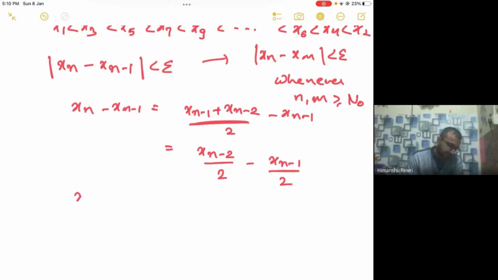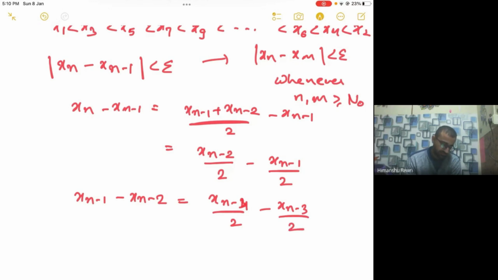Similarly, we can find xn minus 1 minus xn minus 2. It comes out to be xn minus 3 divided by 2 minus xn minus 2 divided by 2.